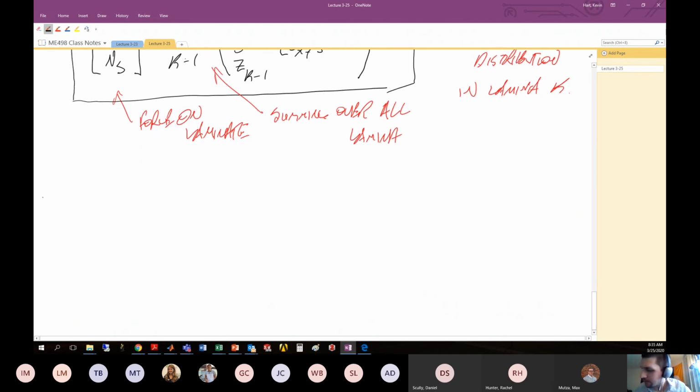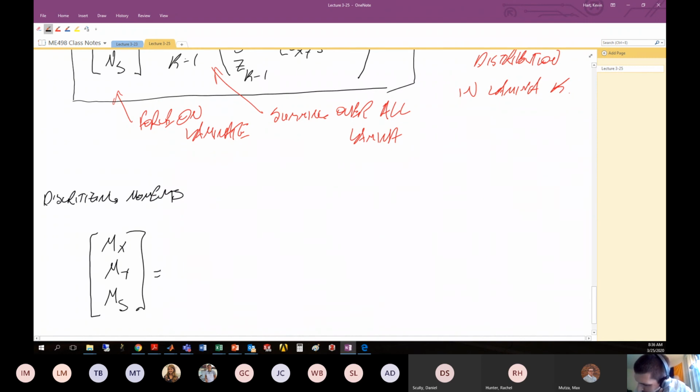So let's do that. We can also discretize the moments and write something like the moment in X, moment in Y, moment in S equals our summation again from K equals 1 to N, where this is summing over all of the lamina that we have in our laminate stack.